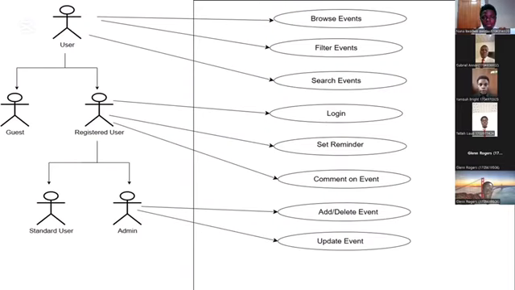With admin, you can add, delete, and update events, and you can also view the events as a privilege. With the standard users, same as the registered users, you can browse through the events, filter, log in, search, set reminders in case you forget, and comment on an event. Now we move on to the next diagram.